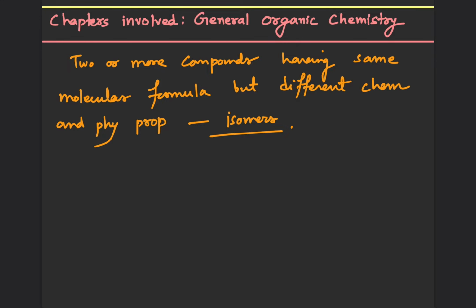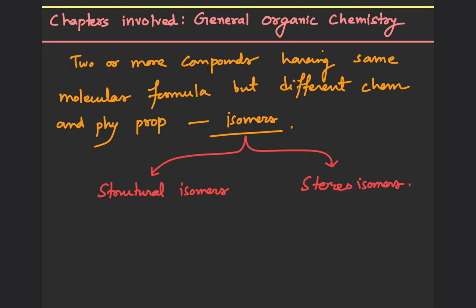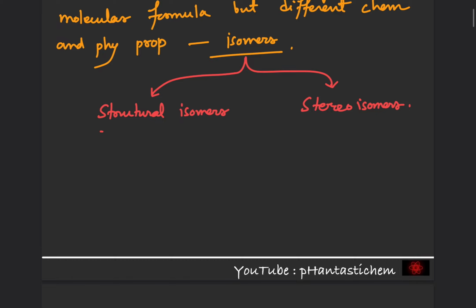Isomers are of two types. We have structural isomers and stereoisomers. Structural isomers are compounds having the same molecular formula but different structures, that is, a different arrangement of atoms within the molecule.